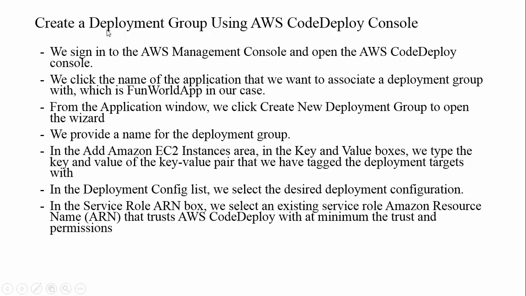Then you have to create a deployment group using the console or the command line. Through the console, we have to sign into our account, then click the name of the application from the CodeDeploy console, and then we provide the name of the deployment group. We add the EC2 instances we want to use as targets.